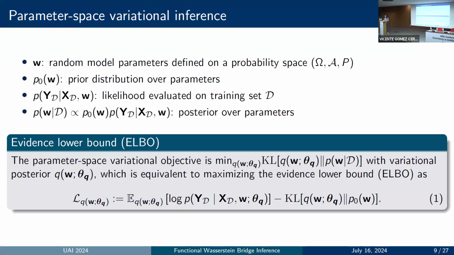The variational goal is to fit an approximate posterior distribution Q(W), parameterized by theta Q, from the tractable variational family by minimizing the KL divergence between it and the true posterior, which is equivalent to maximizing the evidence lower bound, ELBO, as shown in equation 1.